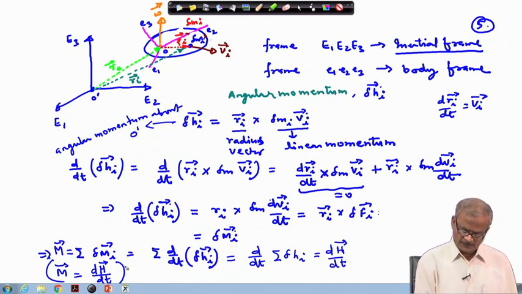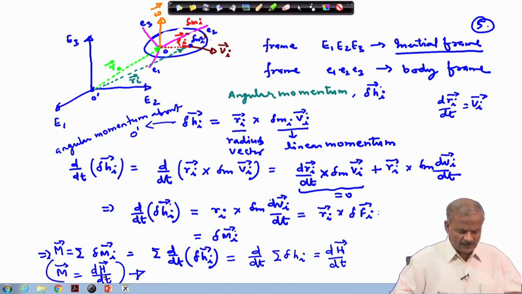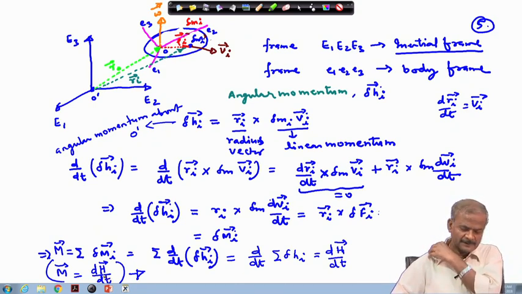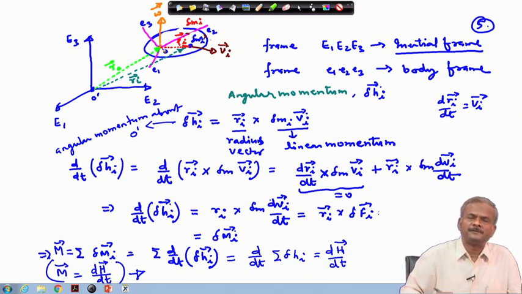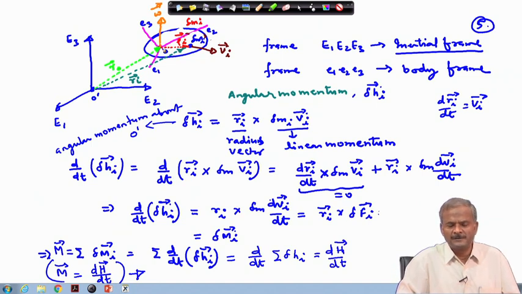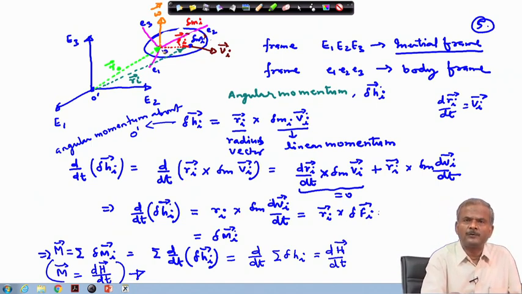So, the story does not end here, we have to extend it. Say you have an aircraft or a satellite and you are sitting on the ground. Most of the time you calculate the angular momentum about the point O, which happens to be the center of mass. Here we have taken a general point O, and right now we have not chosen this as the center of mass.